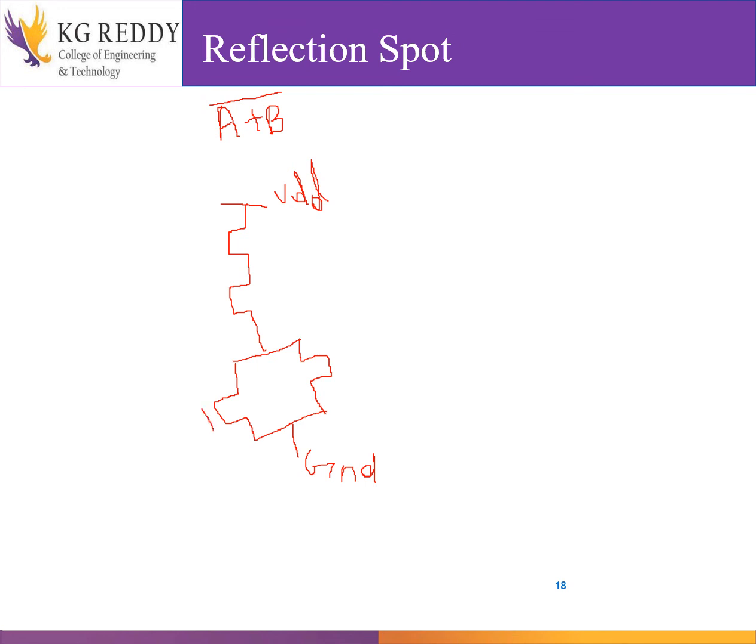And this is NMOS A, like input A, right? And this is another NMOS, this is B, right? Both the sources are grounded, and across the drains we are taking the output, right? This is something we are calling output.